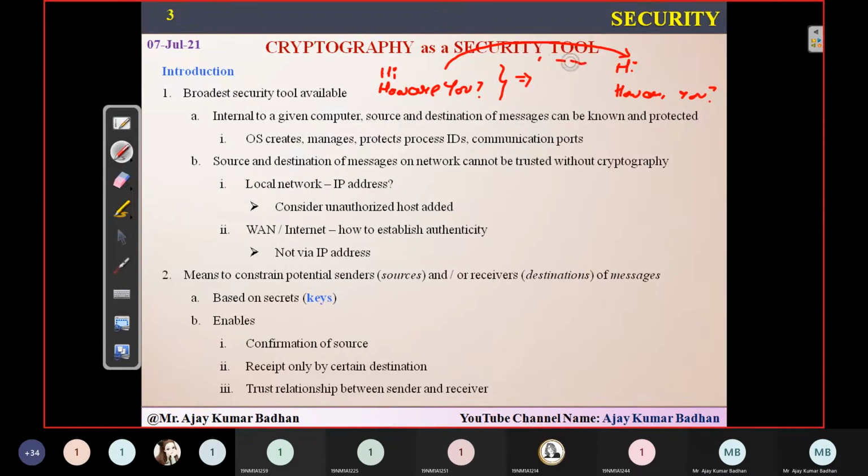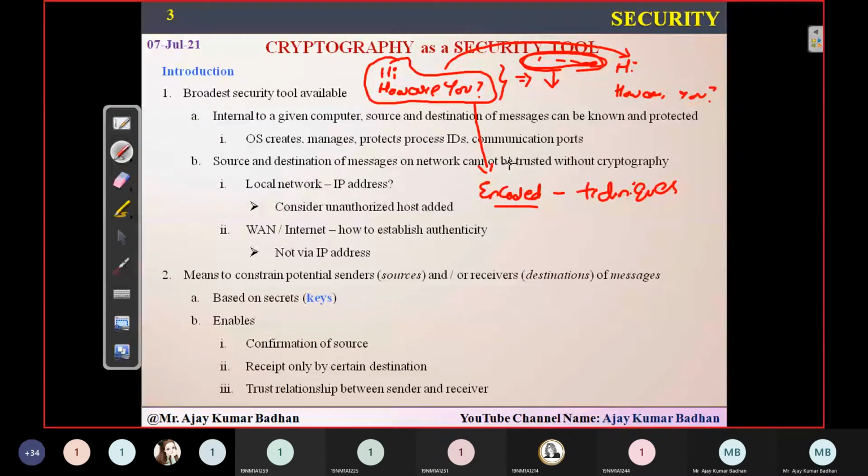But in between, while it is traveling in the air, so that a third person should not be able to access the information, whatever message you typed here will be encoded using some techniques, which I will discuss in the coming slides, so don't worry. Using these techniques, I will encode the data and then transmit it over the network. So what will happen here?